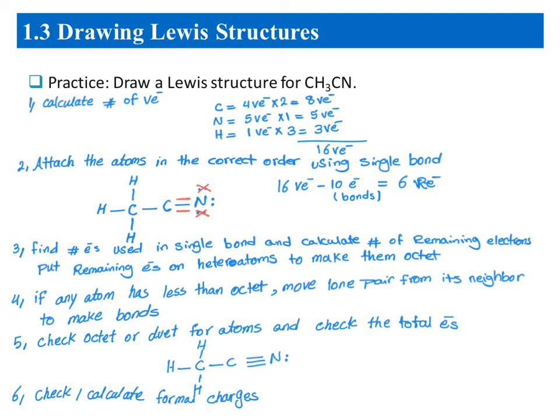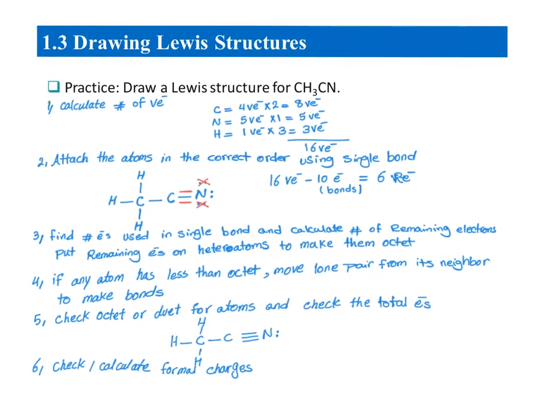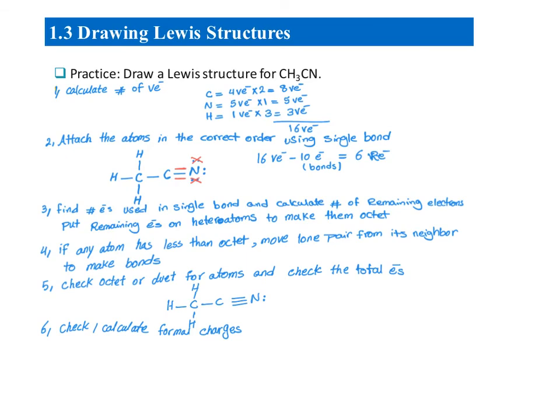Now to calculate formal charge, we have a formula. So formal charge equals the number of valence electrons minus number of bonds to that atom minus number of electrons in the lone pair, or you can say number of dots.